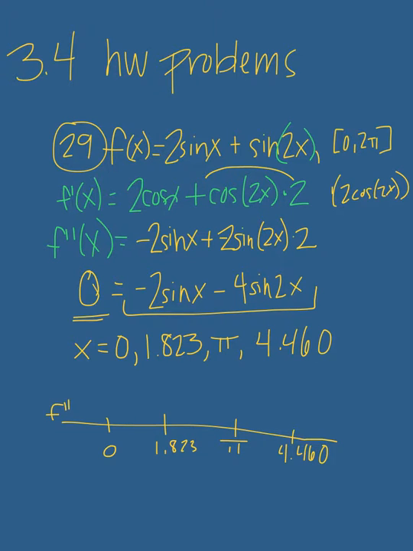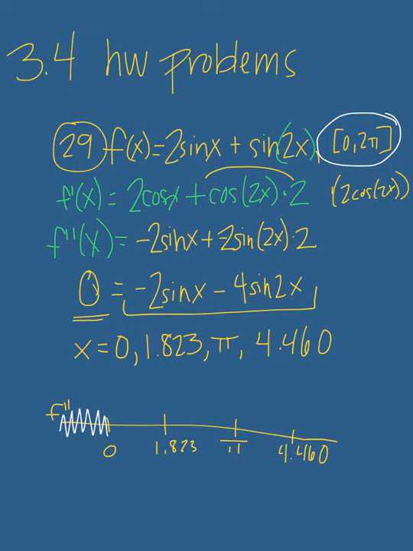If I plug in any negative number... you know what, it was just going from 0 to 2 pi. Actually I don't really care about this interval right there. I'm just going to scratch it out because the directions said we're just going from 0 to 2 pi, so I don't care about before 0.